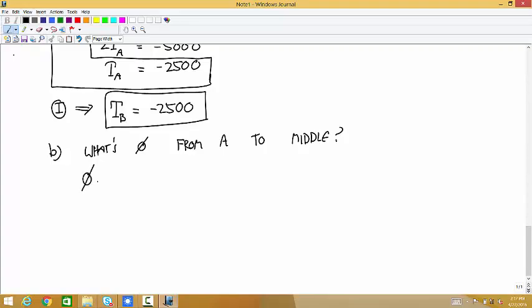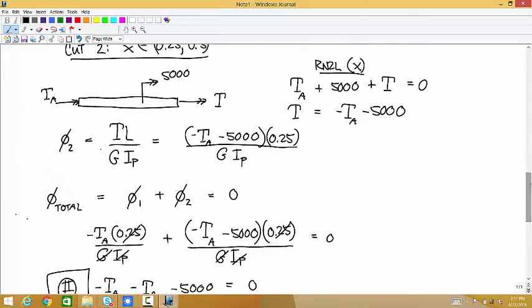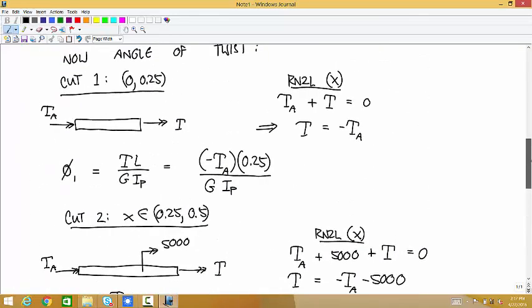So the angle of twist is equal to the torque times the length divided by G times IP. And we know that the internal torque is negative TA.